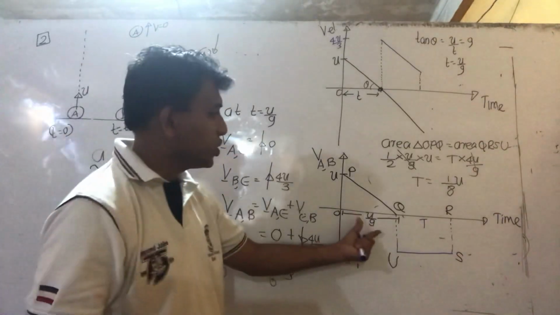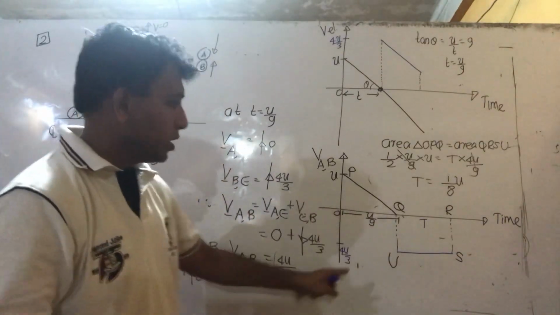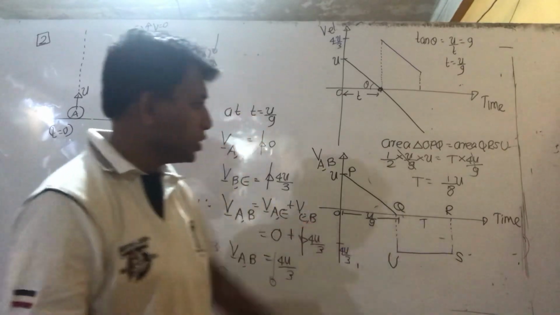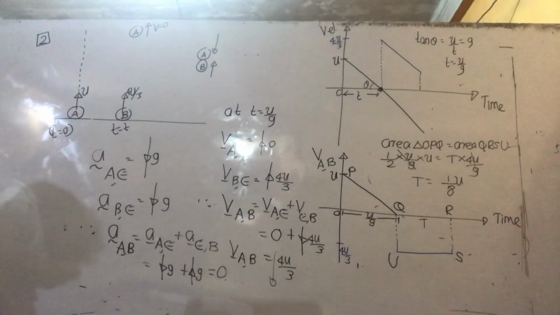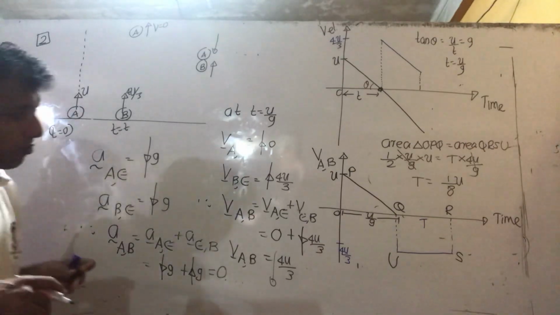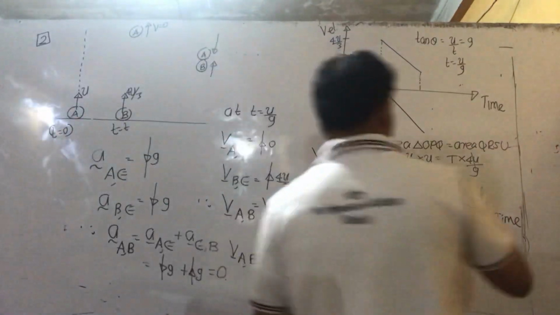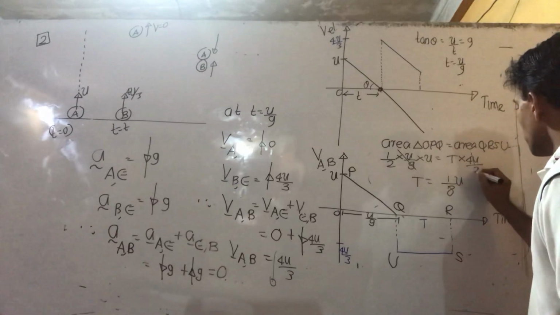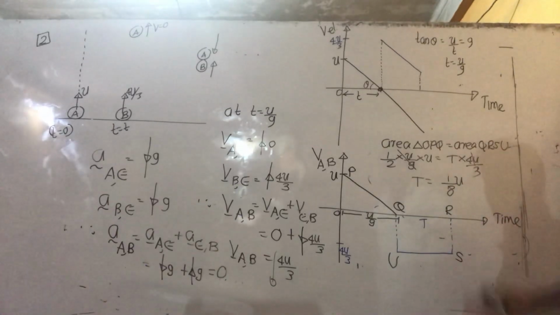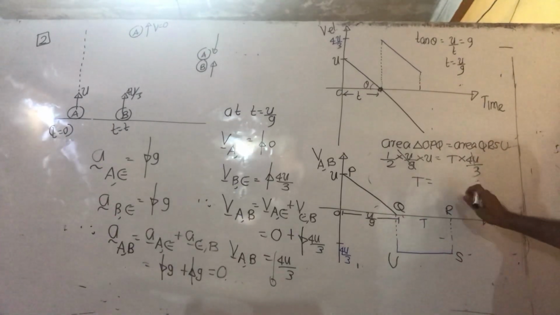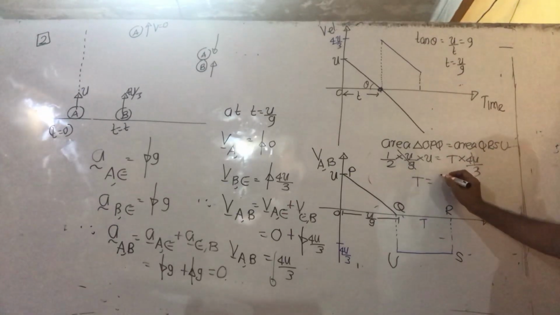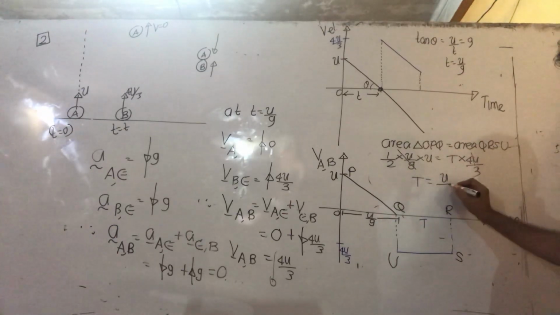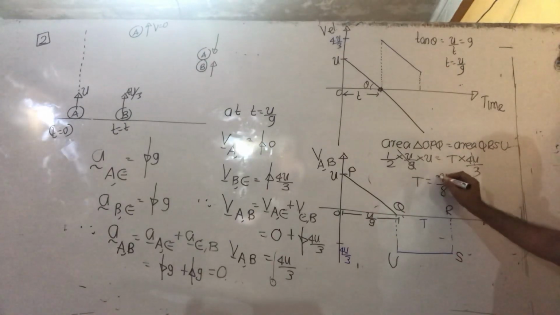Half U over G into U, and here 4U over 3G into that. So find the capital T answer. Check properly, I made a mistake with the 3 there. Therefore U cancels, so U over 8, but actually 3U over 8.